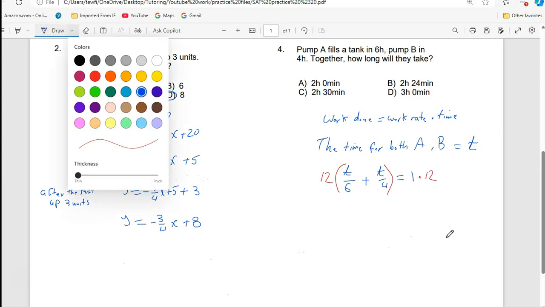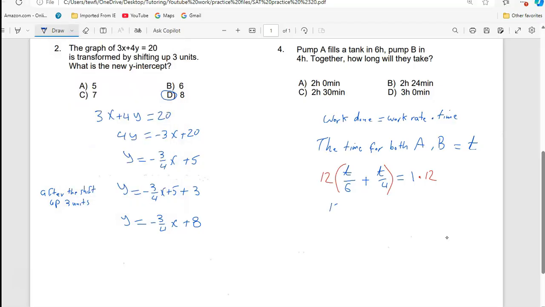Using the distributive property, 12 times the first fraction plus 12 times the second fraction equals 1 times 12. 6 goes into 12 2 times, so 2 times t is 2t, plus 4 goes into 12 3 times, so 3t equals 12. So I have 5t equal to 12. If I divide both sides by 5, I get t equal to 12 over 5.